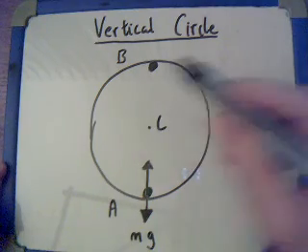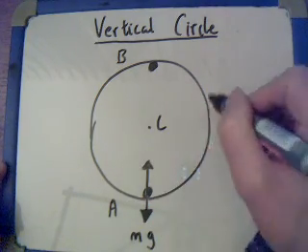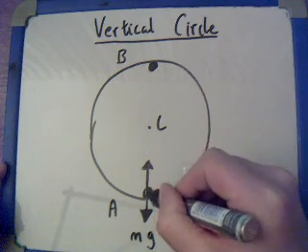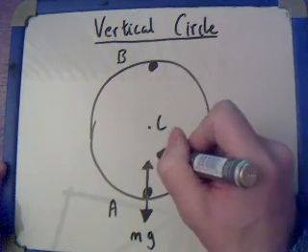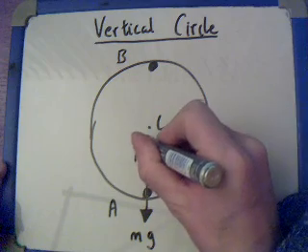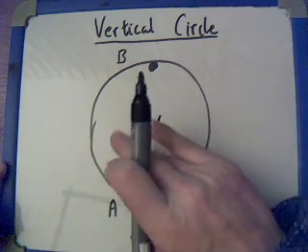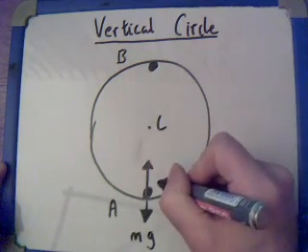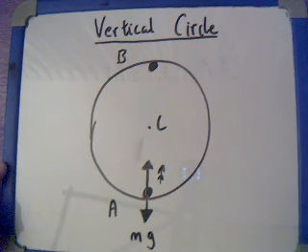Now, as it's circular motion, this body here, whether it's at A or B or any other position, will be accelerating towards the center. So I can draw on here. We have it accelerating towards the center like that.